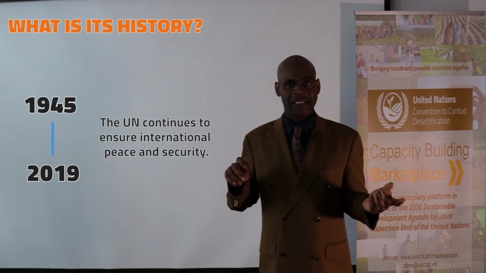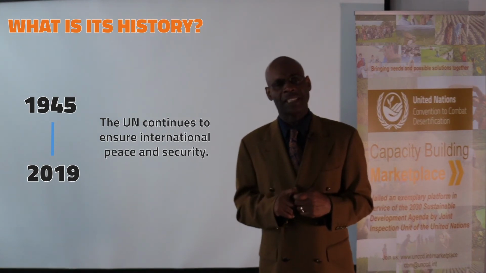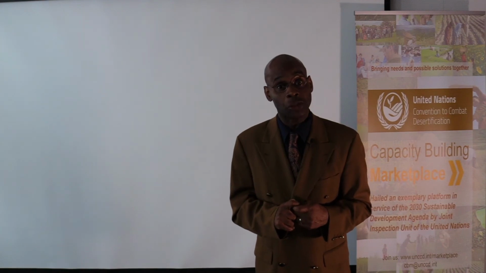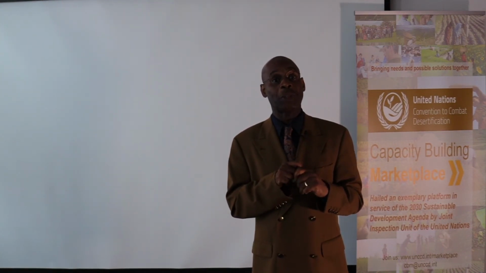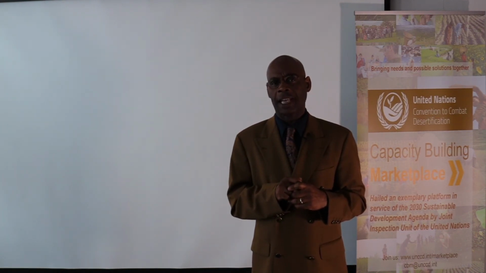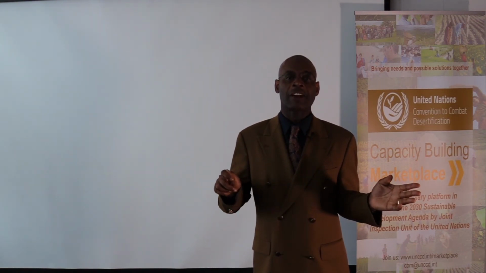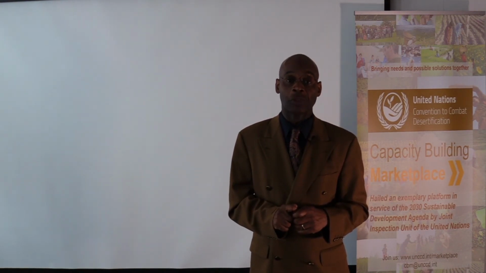Now, you might say, oh, but there are so many conflicts. There have been 200 major conflicts since 1945. That is quite true. The issue, however, is this, that today we have nuclear weapons. We have had them since the 1940s, and they can destroy this planet. And the United Nations has done a lot in terms of guaranteeing that this has not happened so far.